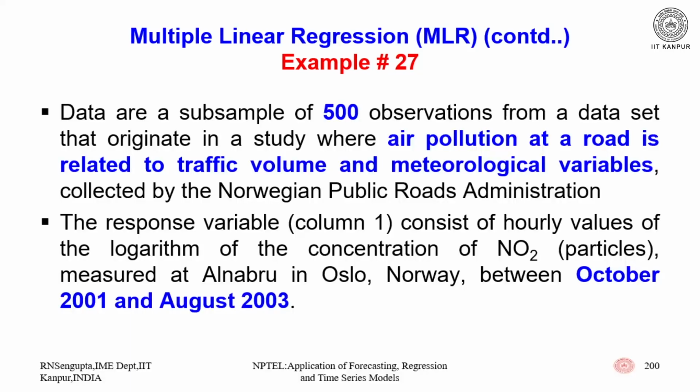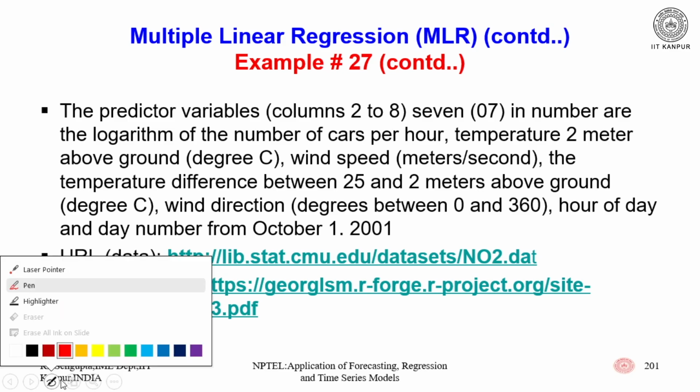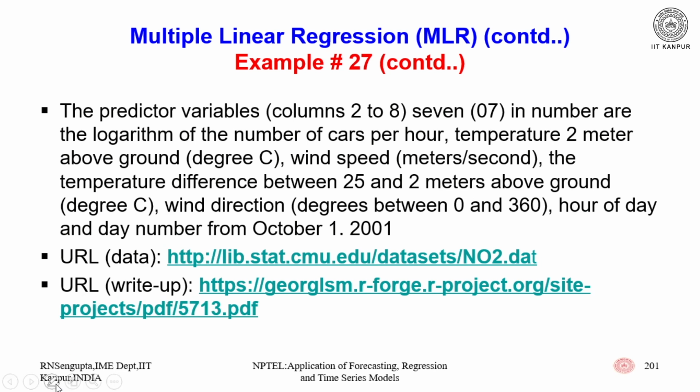The data is 500 in number, from Norway, and the time frame is from October 2001 to 2003. The first column is y, the dependent variable, and the later columns, from column 2 to 7, are the 7 independent variables, which were explained and mentioned in the last lecture.